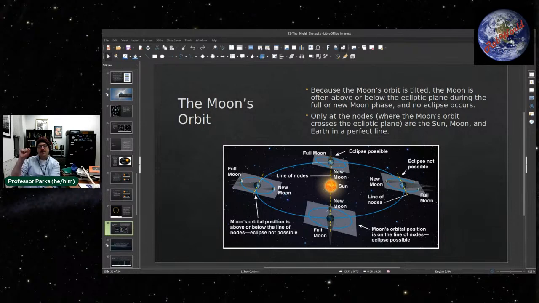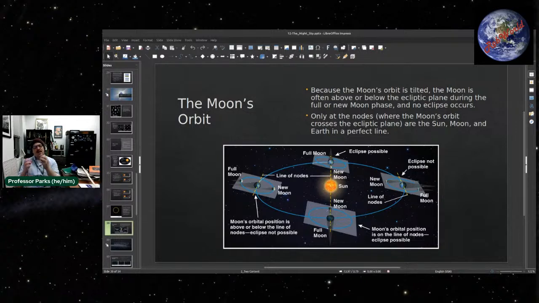And so if the moon passes into the new phase or the full phase when that happens, then you can have eclipses. So what we find is that every year, there are at least 2 lunar eclipses and 2 solar eclipses that can be seen somewhere on the Earth.